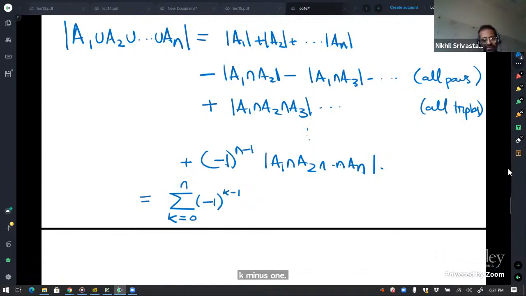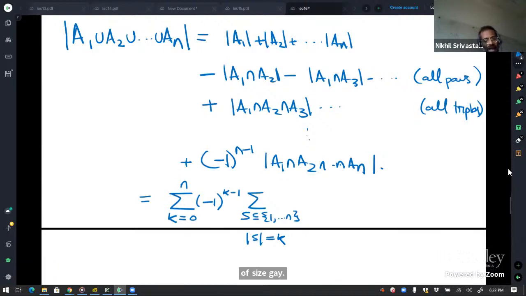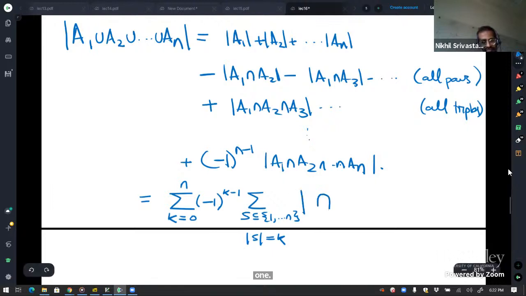And now we're going to do something that might be a little uncomfortable the first time since we haven't done this before. I'm going to sum over all subsets of 1 through n of size k. Okay, so this notation means I'm going to add up some quantity over all subsets of size k contained in the set 1 through n. And the quantity I'm going to add is the cardinality of the intersection of the A_i for all i contained in that set.